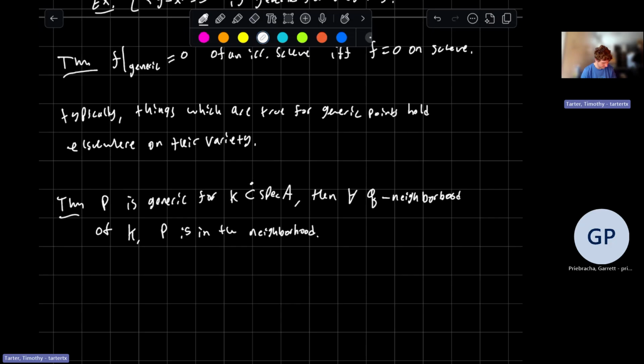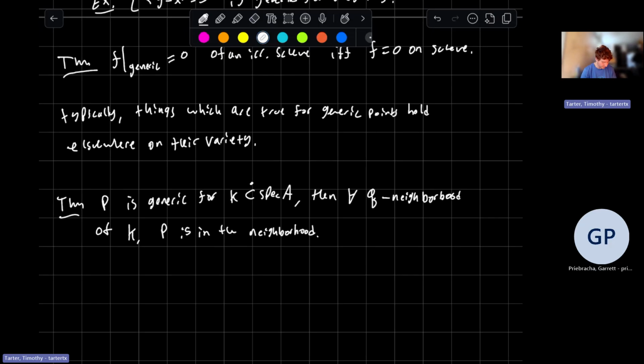Yeah. And so we've already talked about this, but there's a natural bijection between points of Spec A and irreducible closed subsets of Spec A, sending each point to its closure and each irreducible closed subset to its unique generic point. So this is something that we've talked about since day one. It's just with different terminology.